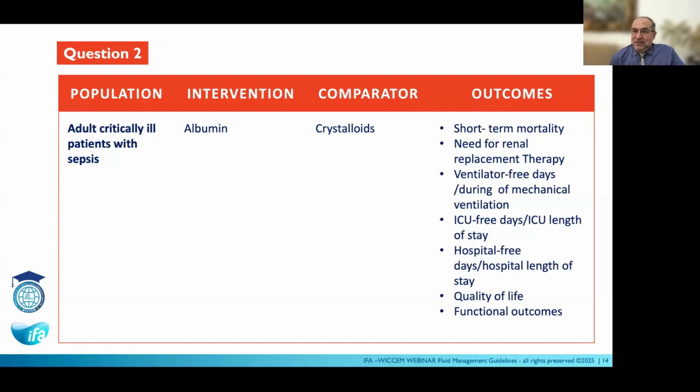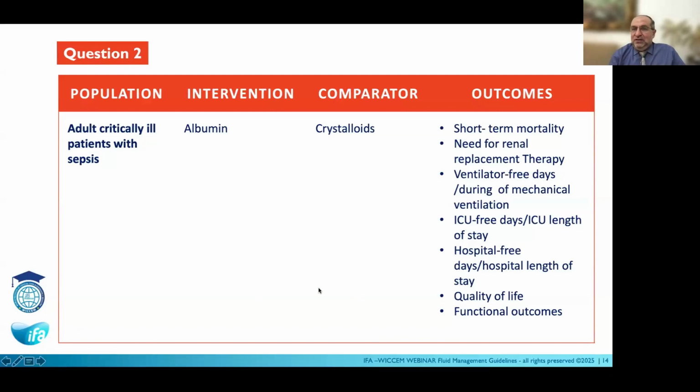But when it was evaluated in clinical trials, it did not appear to be as good as it is in normal people. Based on the SAFE trial, the expansion for albumin versus crystalloids is on a ratio of 1 to 1.2 or 1 to 1.6. So yes, it has a little bit more volume expansion property, but it is not as good as we think based on physiologic studies.